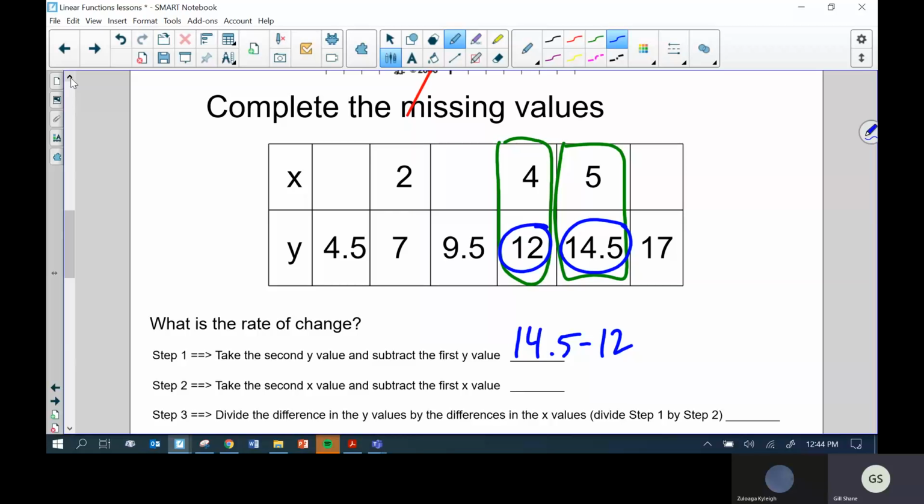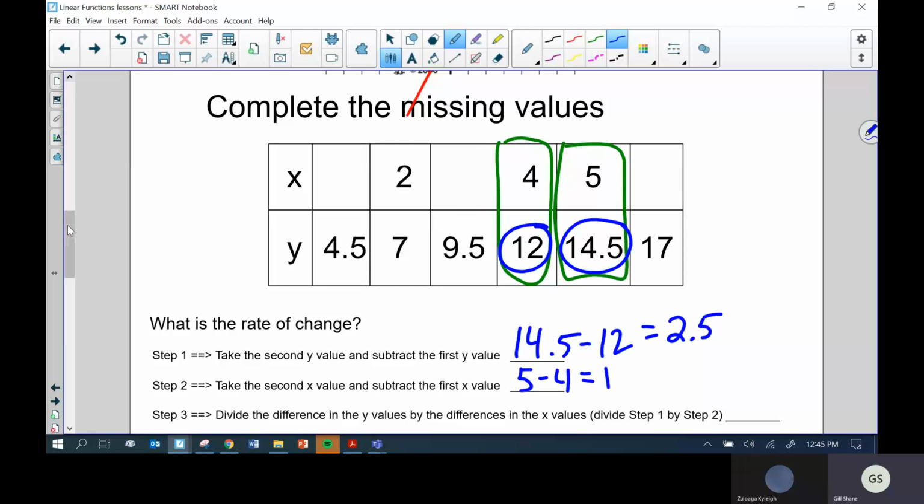So 1, 2. That gives me 2.5. Now, I take the second x value, again the one on the farthest right. I say 5, and then I subtract the first x value, 4. That gives me 1.